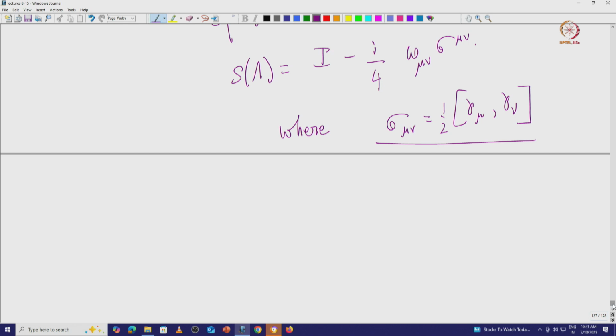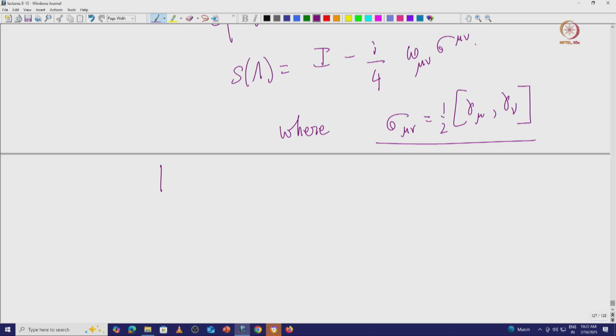I wrote it down already, but let me write it down more accurately. I hope now you are convinced that the spinors form a representation of the Lorentz group because of this connection I showed you. The spinors form a representation, but explicitly how do they transform?